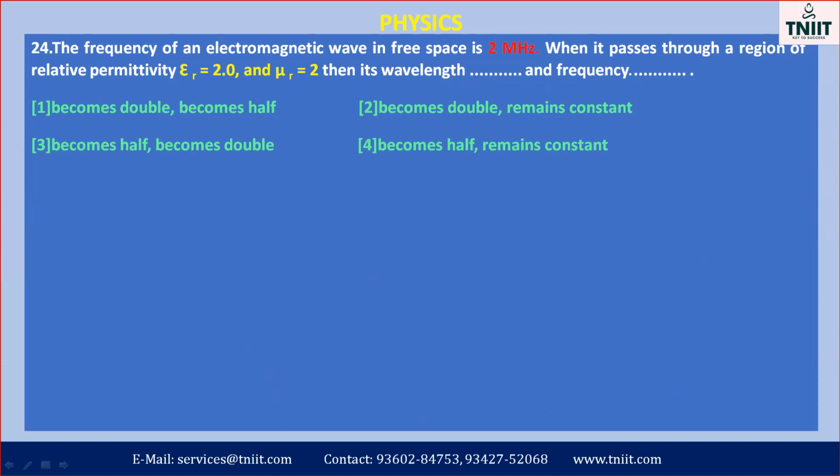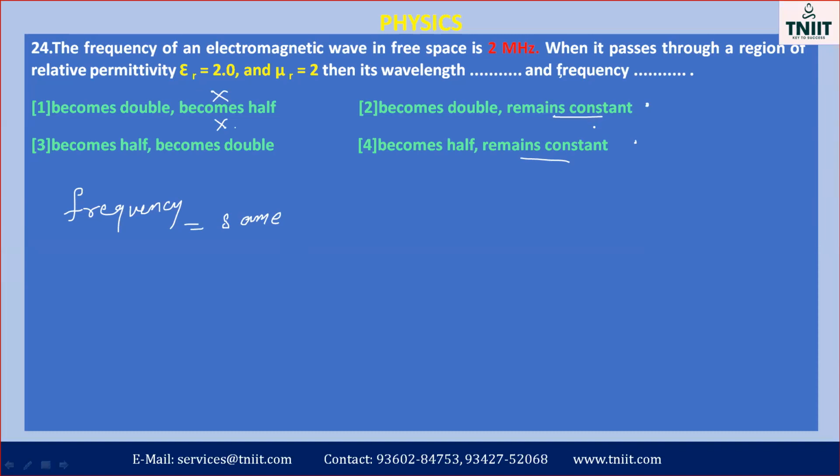You know that whenever it travels from one medium to another, the frequency has to remain the same. So definitely options 1 and 3 are ruled out. Either option 2 or option 4 is correct, because in both options the frequency remains constant.